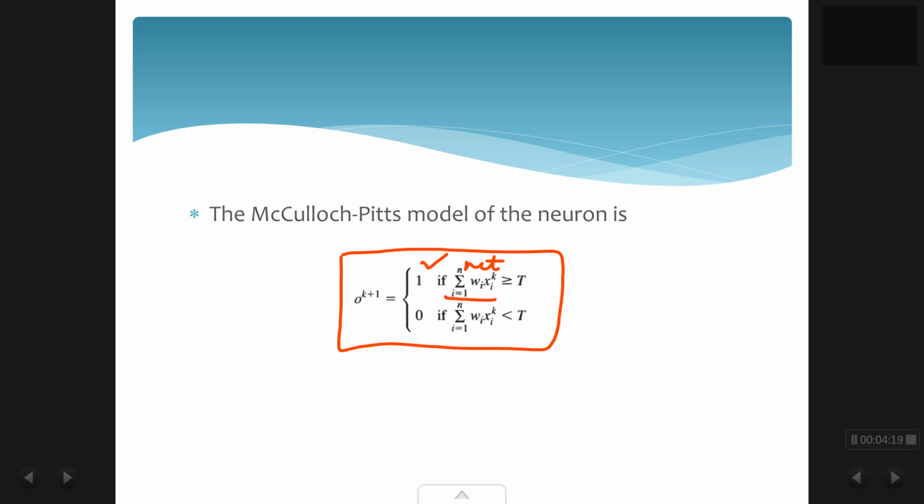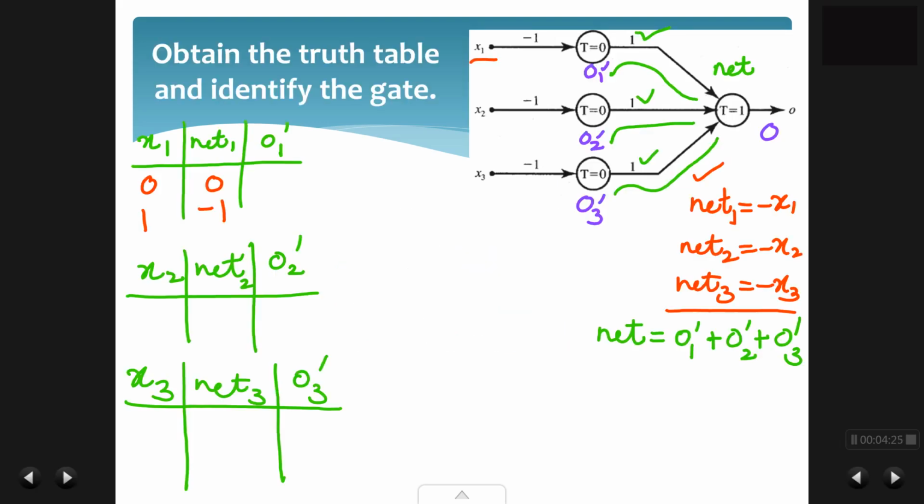If at all net is less than threshold, then the output is 0. So in this case the threshold is 0. So 0 is equal to the threshold, so the answer O1 dash is 1, and minus 1 is less than the threshold, so the answer is 0.